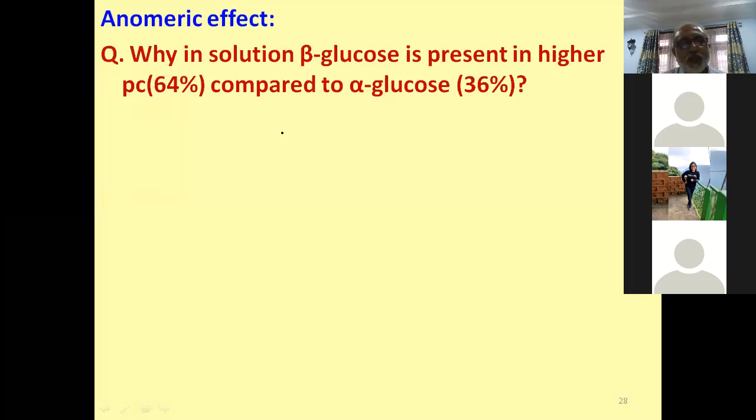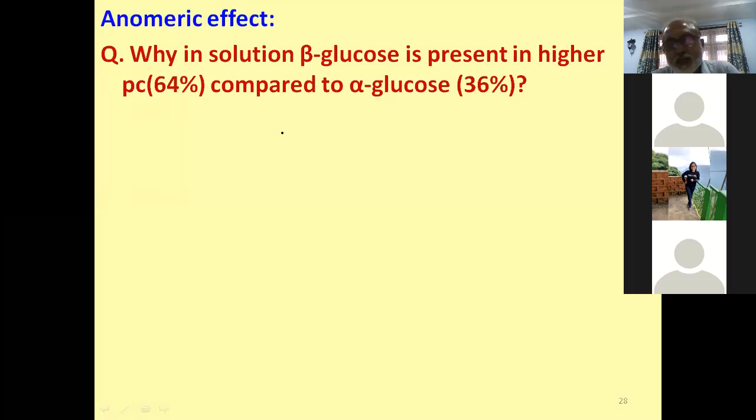The first question is, why in solution is beta glucose present in a higher percentage, 64%, compared to alpha glucose? Already we have seen it through the phenomenon of mutarotation. We have already proved that alpha glucose is present to the extent of 36% and beta glucose to the extent of 64%, almost.